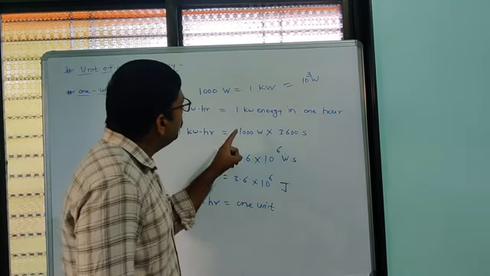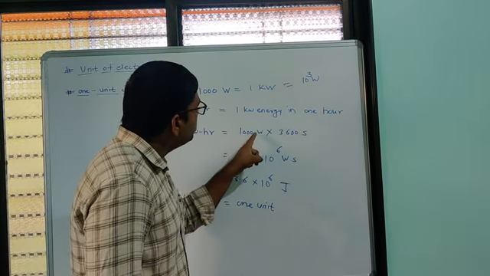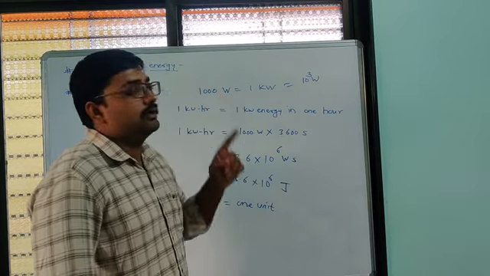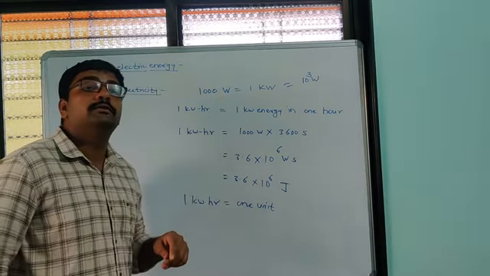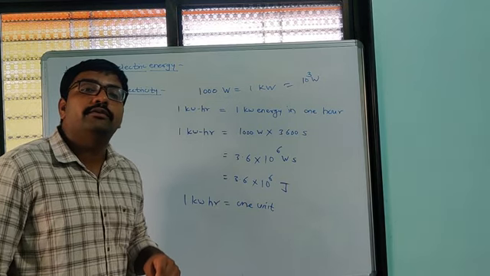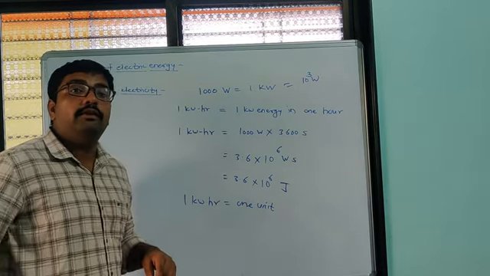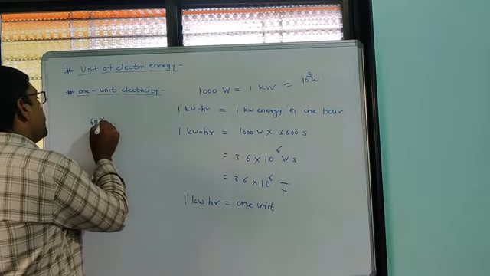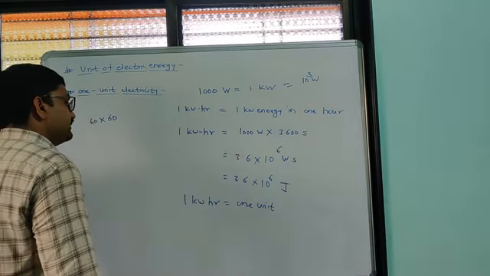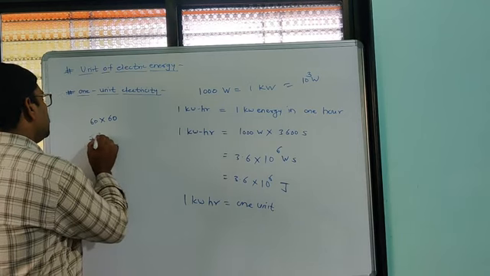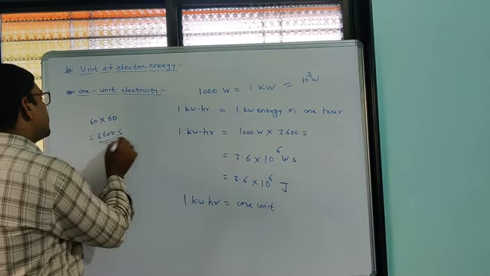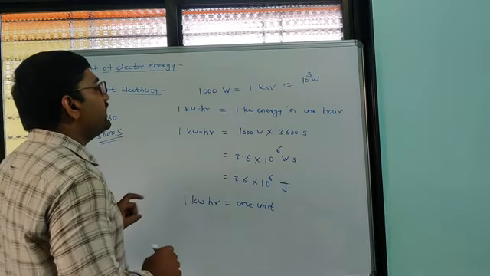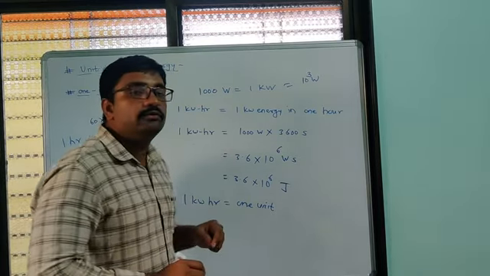Simply 1 kilowatt means 1000 watt into 1 hour. Generally we have to use the unit second for time. We know in 1 hour there are 60 minutes, and in 1 minute 60 seconds, so total 3600 seconds are there in 1 hour. So instead of hour we have to use second.